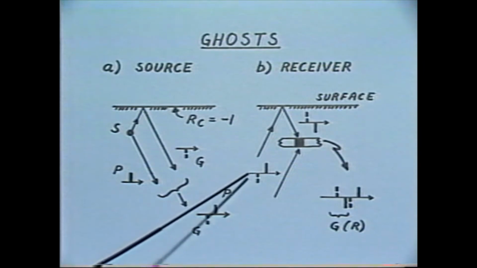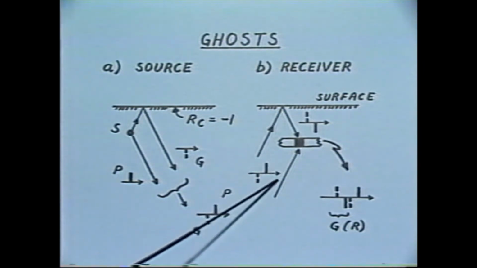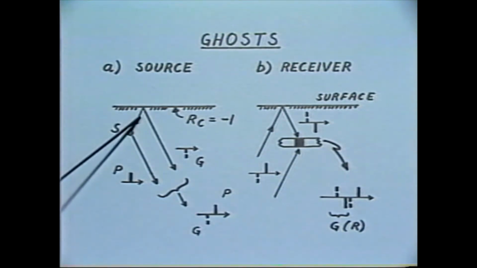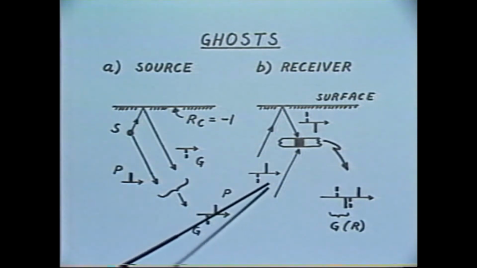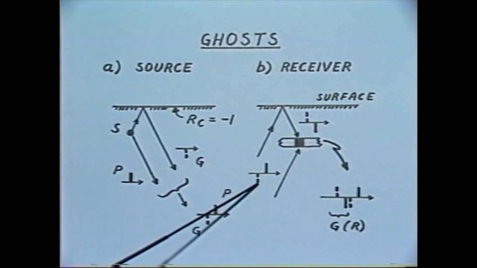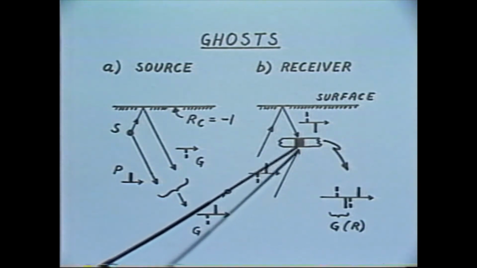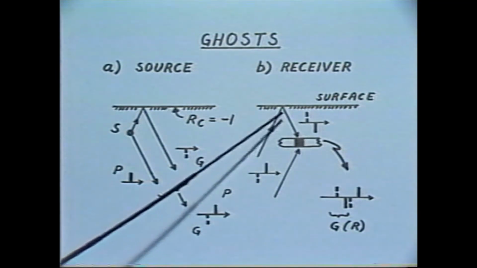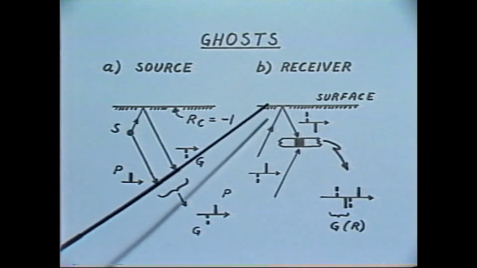Now, if the reflected impulse is in fact a double one, like this, due to ghosting at the source end of the travel path, then this double impulse is recorded twice, obviously once by the direct path and once by the ghost path. There's also a polarity reversal again at the surface.